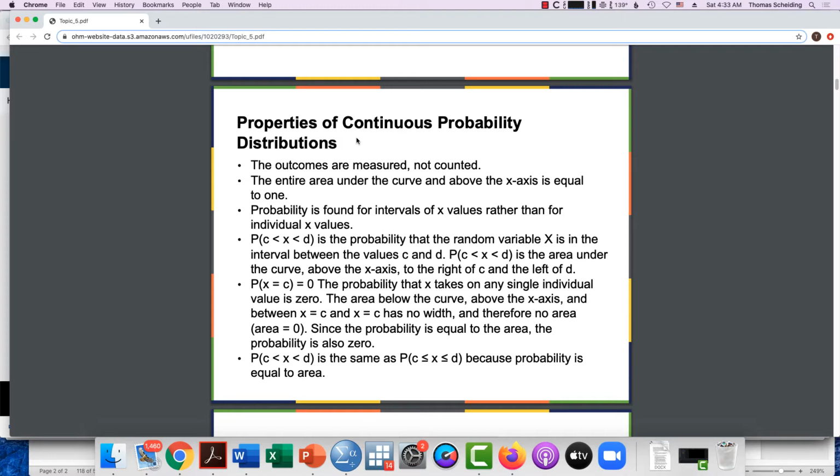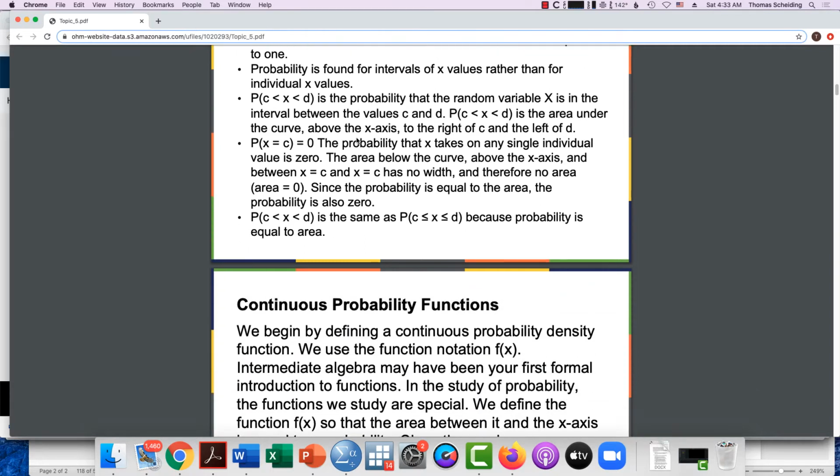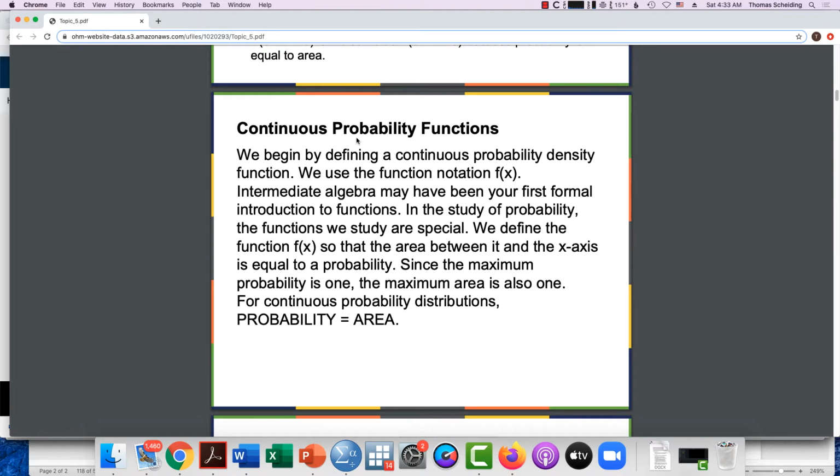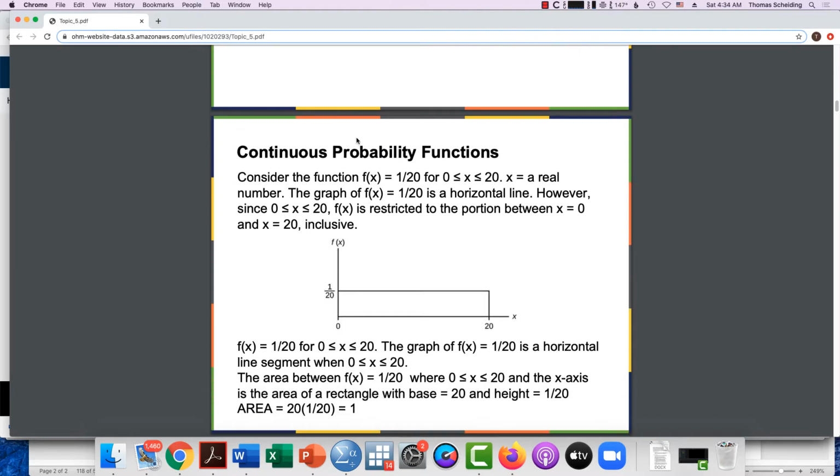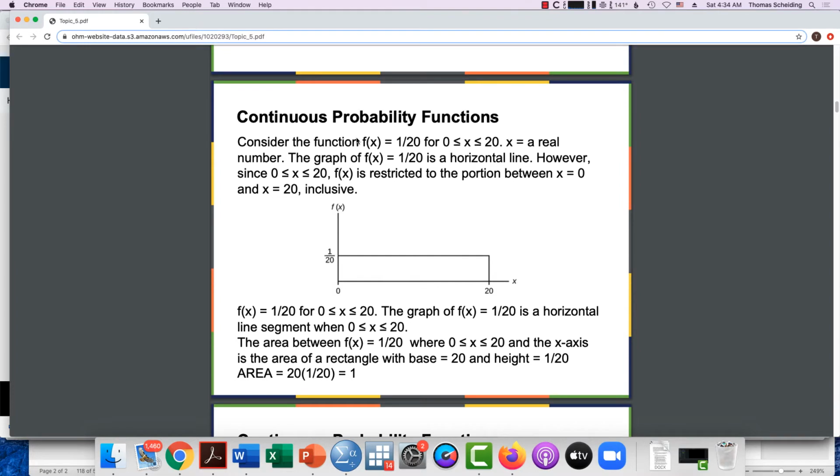That's what's being said by the third bullet point here. And then for bullet points number 4, 5, and 6, we're just talking about different ways of understanding the area. We don't need to worry about that. Let's start looking at this here.